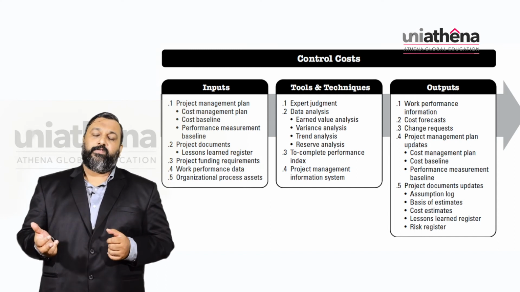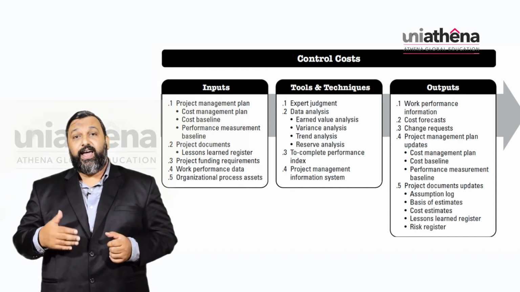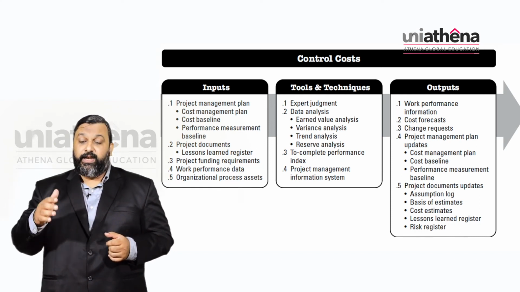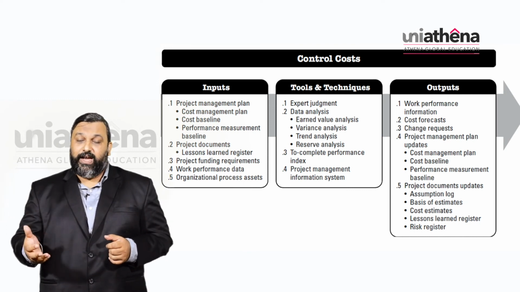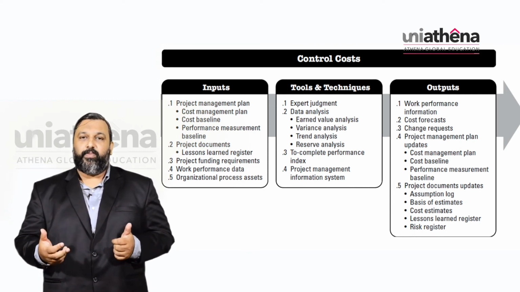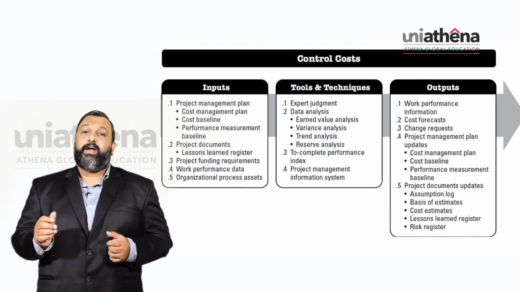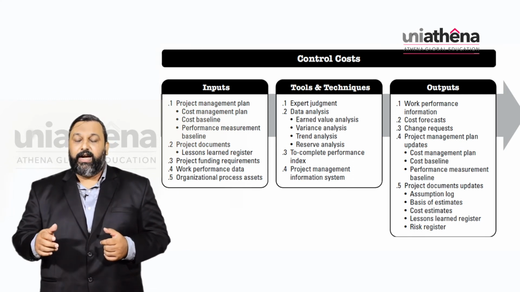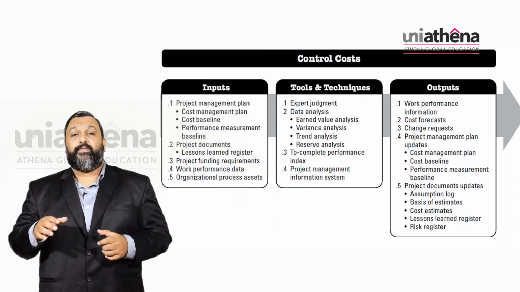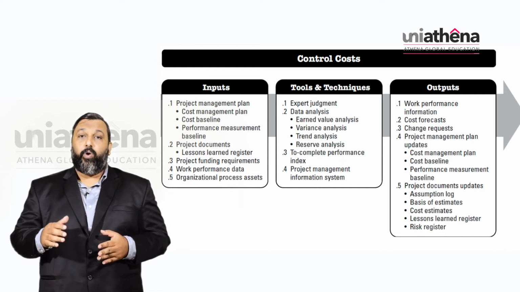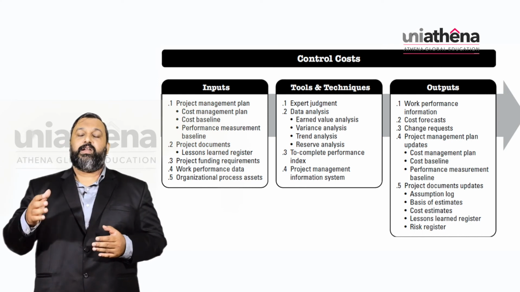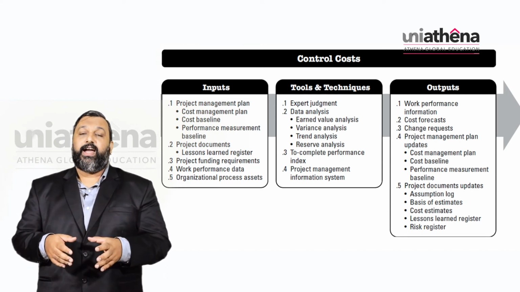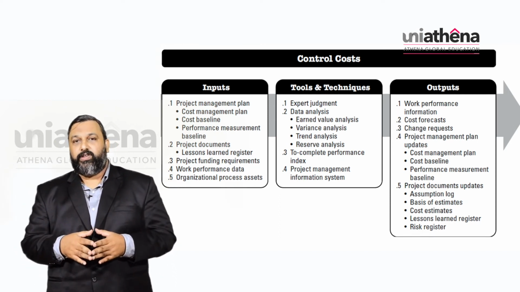It can be work performance information, cost forecast regarding the remaining part of the project, change requests, and then project management plan updates, that is updates in the cost management plan, cost baseline, and performance measurement baseline. Then project documents updates, that is your assumption log updates, basis of estimates updates, cost estimates updates, lessons learned register updates, and risk register updates. So the risk register, because you might identify some of the risks in the whole process, has to be updated too.